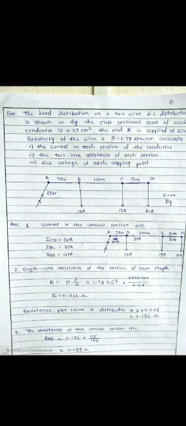So this 47 ampere current is in the section AB.